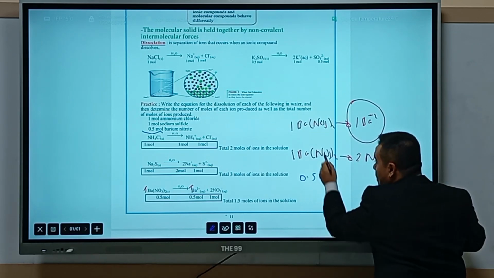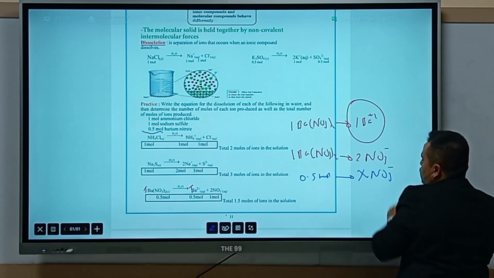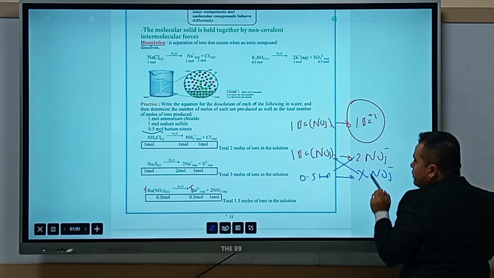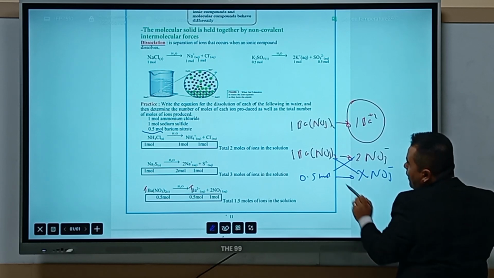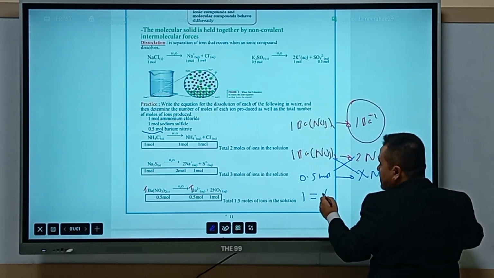0.5 mole of barium nitrate will produce how many nitrate ions? This is the cross multiplication method. 2 multiplied by 0.5 is 1, x multiplied by 1 is x.